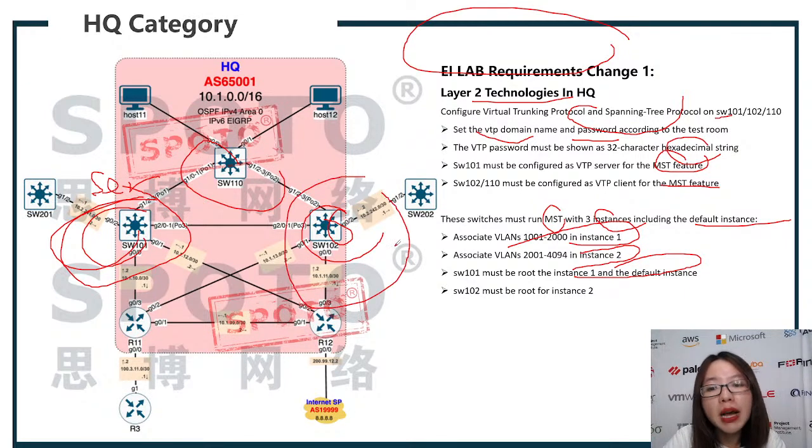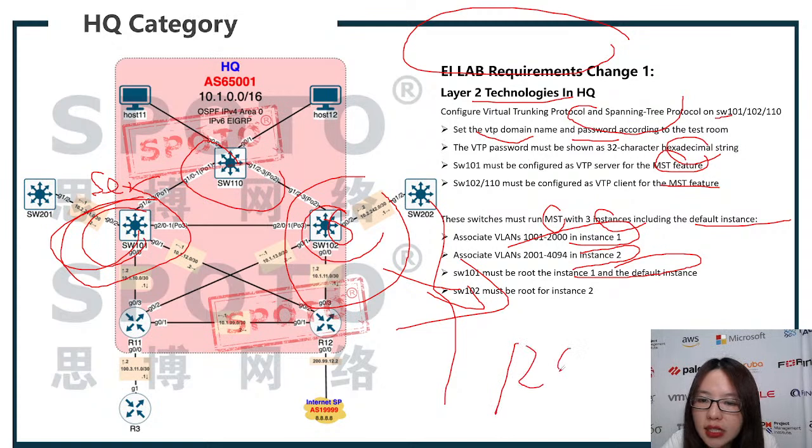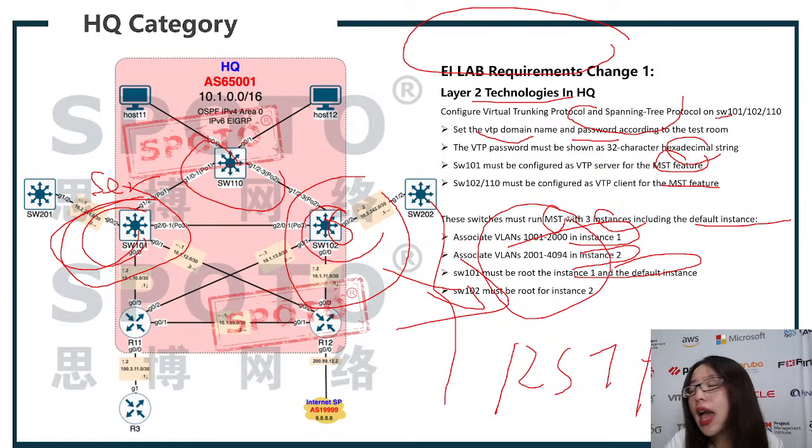Switch 102 must be root for instance 2. If you know the old version of the CCIE Lab, this part was about RSTP. But the new EI Lab is MST.